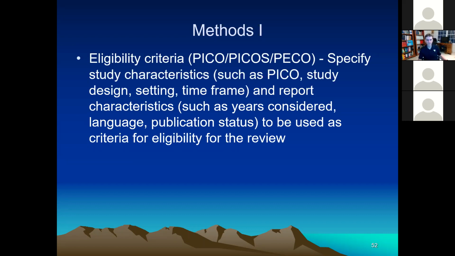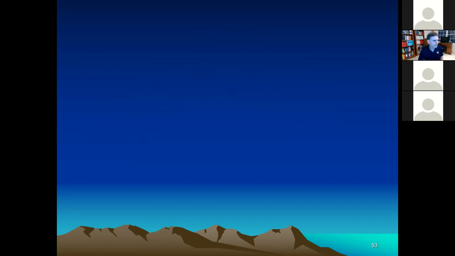También vamos a decidir si queremos incluir tesis de maestría, disertaciones doctorales que no hayan sido publicadas en alguna revista. So these are all things you need to think about when you're going to decide on your inclusion criteria. Entonces, todos estos son aspectos que debemos pensar cuando queremos establecer los criterios de elegibilidad o los criterios de elección de los artículos que queremos analizar.